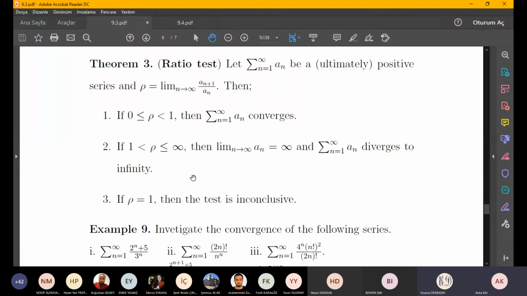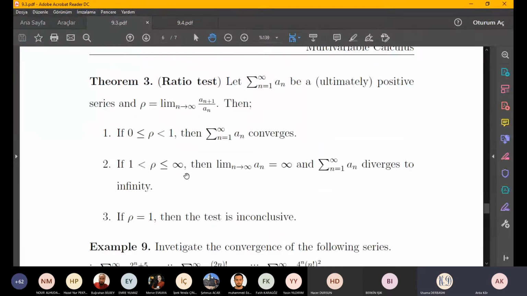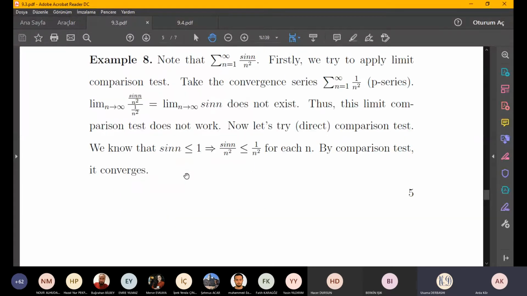I have a question over sin n. Didn't we say that the comparison tests only work on a positive series, but sin can be negative? But here for the n values, which are greater or equal to 1 and positive integers, it has always positive values. It is for all real numbers that you are telling.